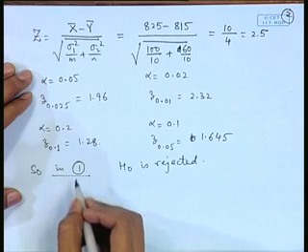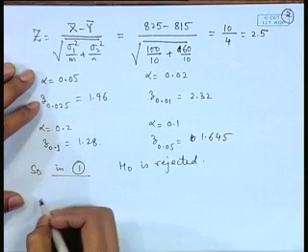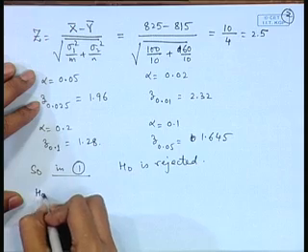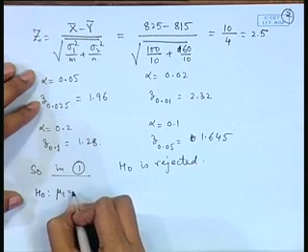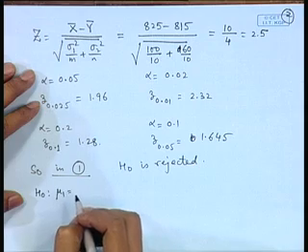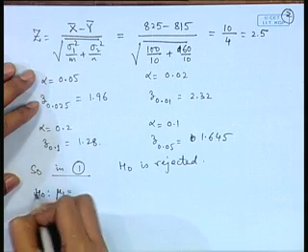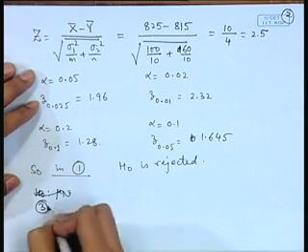So, if we are considering H naught: mu 1 is equal to mu 2, that means I am considering problem 3.